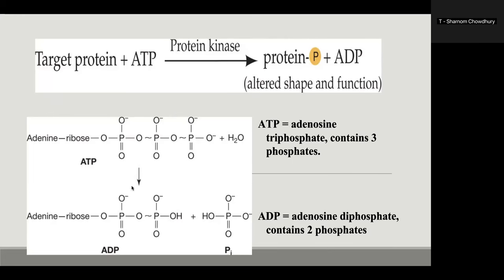So you have protein kinases. Protein kinases are responsible for phosphorylating other proteins. A phosphate is transferred from ATP, which has three phosphates, onto a protein. Now it has two phosphates, ADP. Now that a phosphate is transferred onto the protein, that protein becomes phosphorylated, with an altered shape and function.